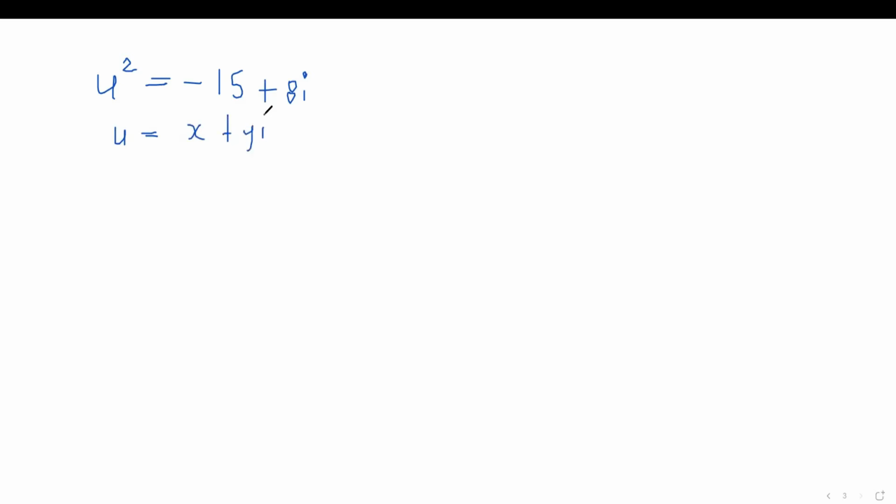So if u is x plus yi, that implies that if we square both sides, u squared is x plus yi all squared. But at the same time, u squared is negative 15 plus 8i. So since this is u squared now, all we need to do is expand.